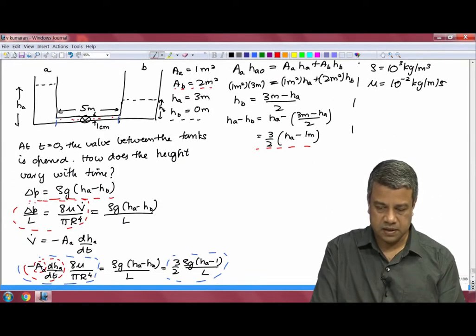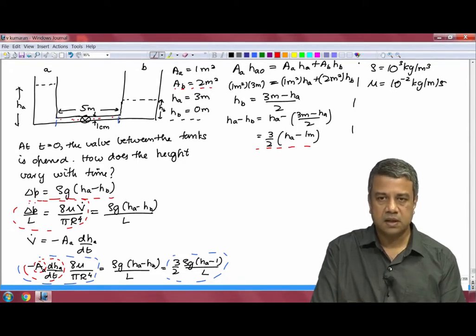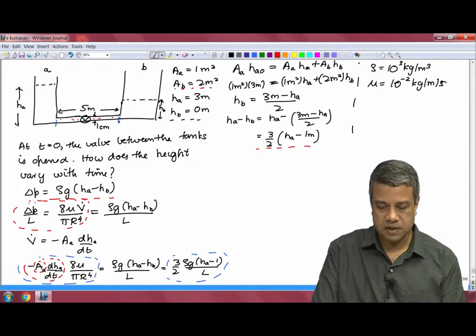And we were solving an example, 2 tanks, tank A with cross sectional area 1 meter square, B with cross sectional area 2 meters square. Tank A is initially filled up to a height of 3 meters, tank B is empty.